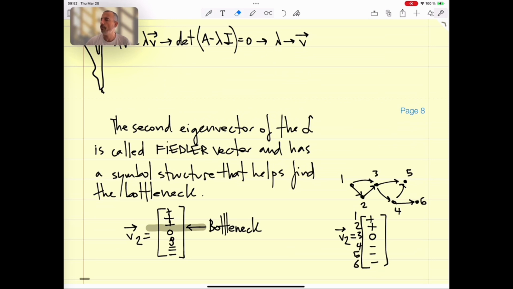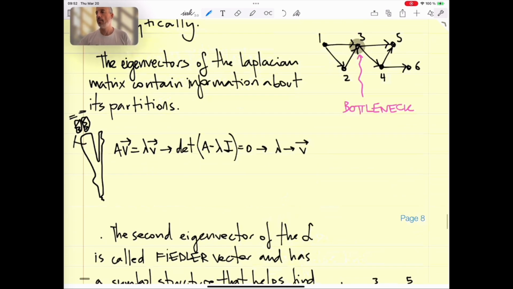Okay, so the bottleneck is going to be the node number 3. All right. So the question asked by, I think it was Nicolas before, yes, you can see it in the Laplacian, but not so easy. All right.